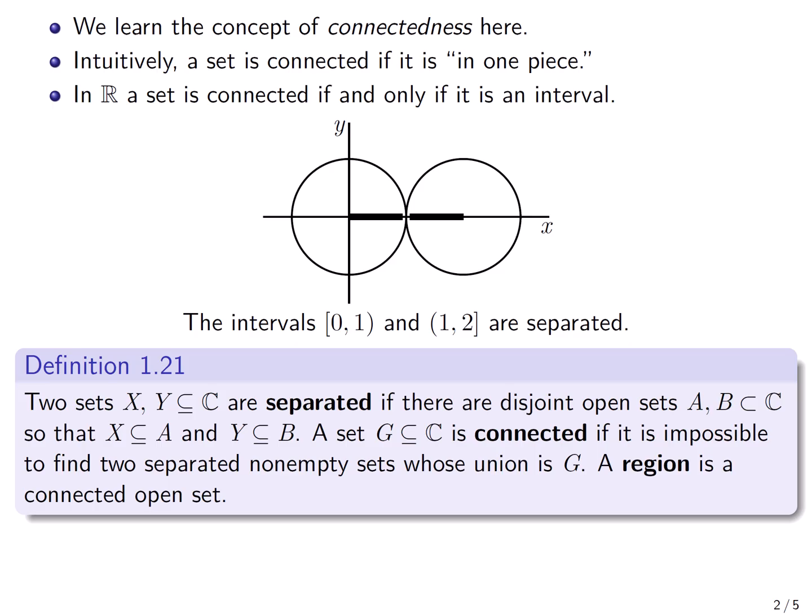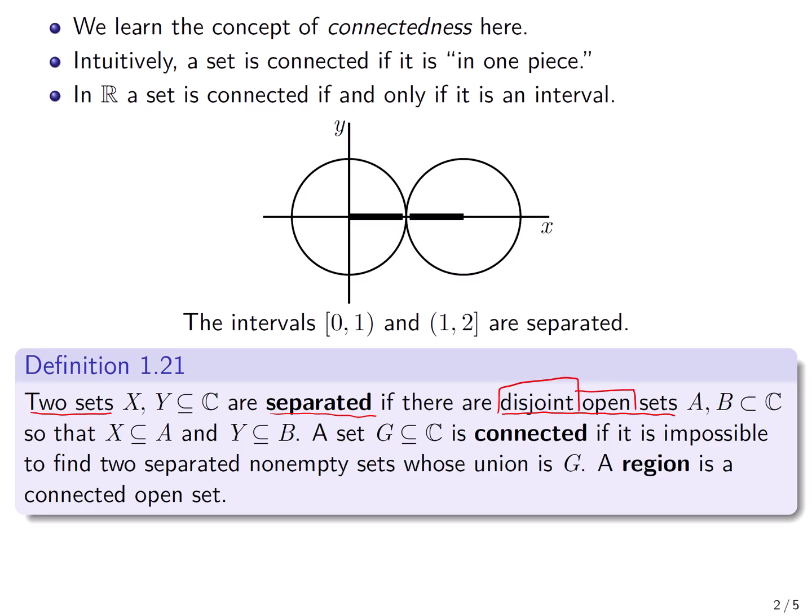So, the definition of a separated set. Two sets X and Y, which are subsets of C, are separated if there are disjoint open sets. All of these are very important. They should be disjoint and also should be open.